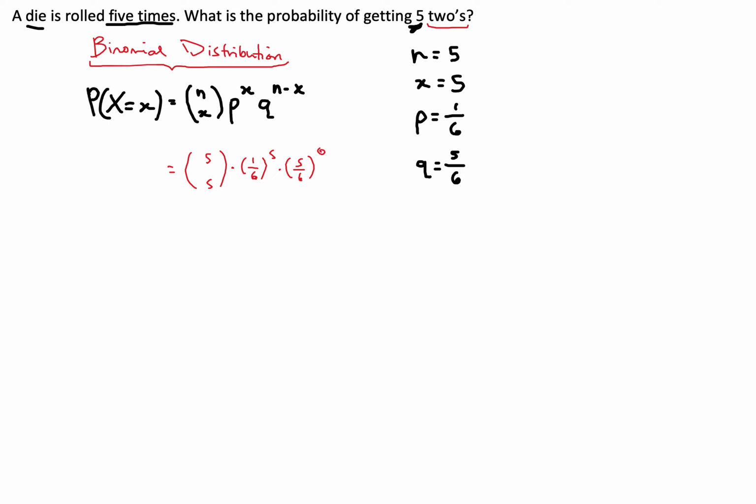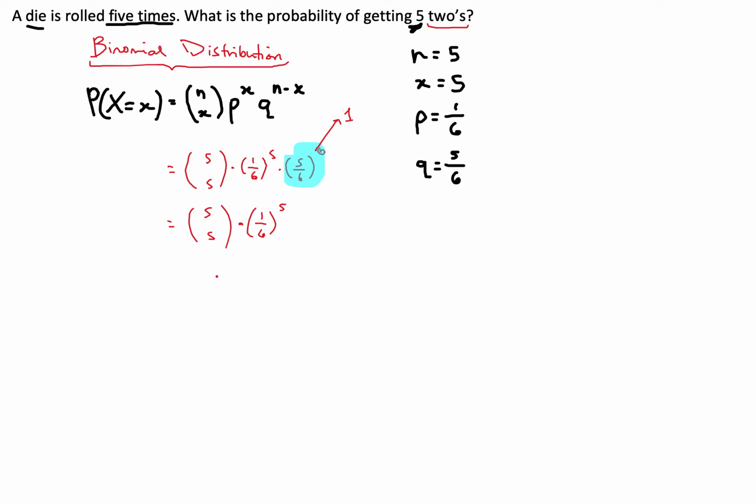So let's fix these things up. Practically this part will become 1, because it's raised to 0. What we're left with is 5 choose 5 times 1 over 6 raised to 5.